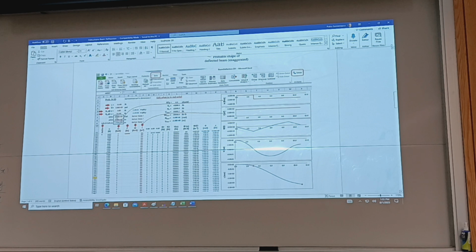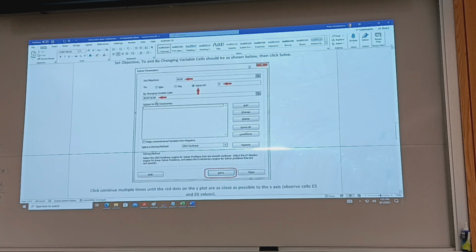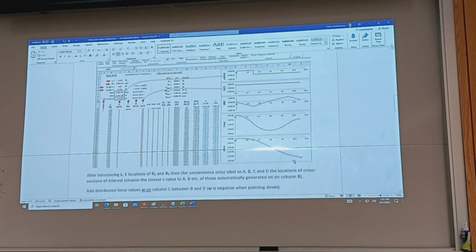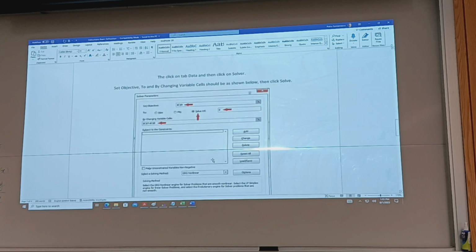Okay, so you select these. The goal seeker is going to tune these values until the deflection at the other support goes to 0. Does it make sense? So what I did by hand was just one value because I knew the other one.